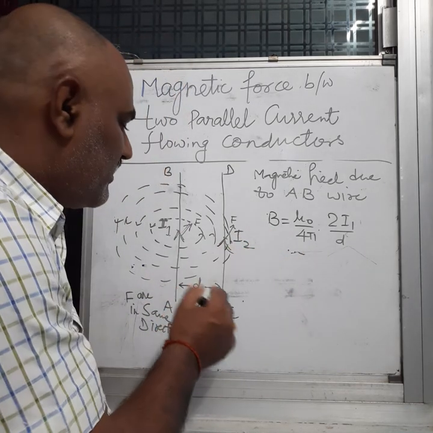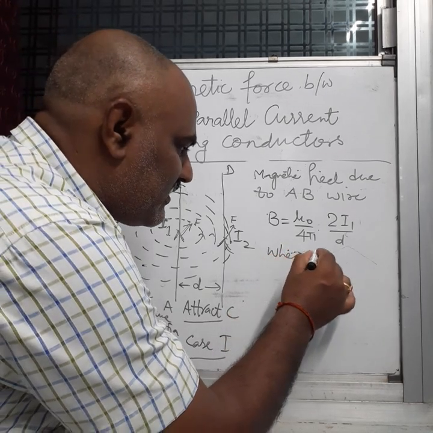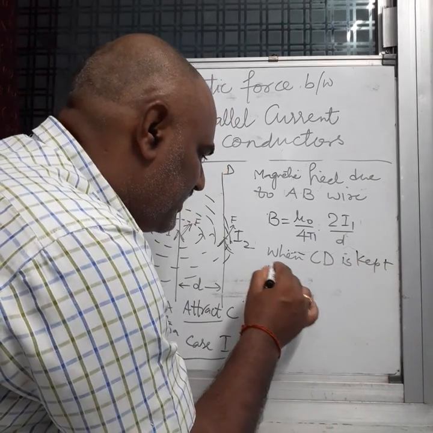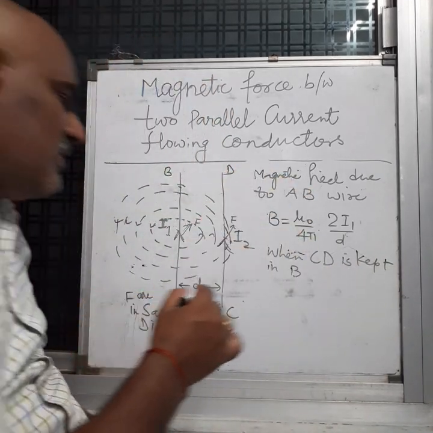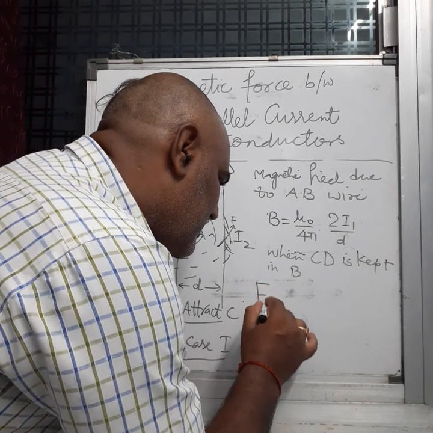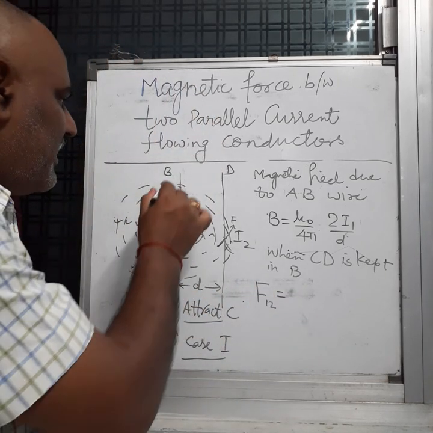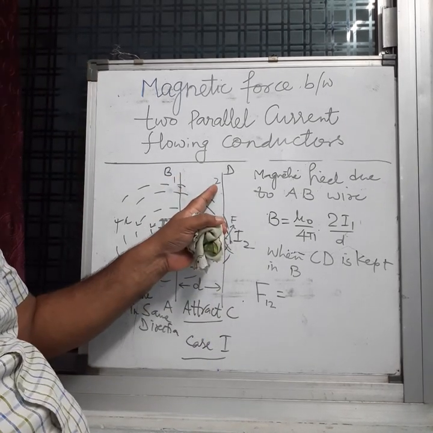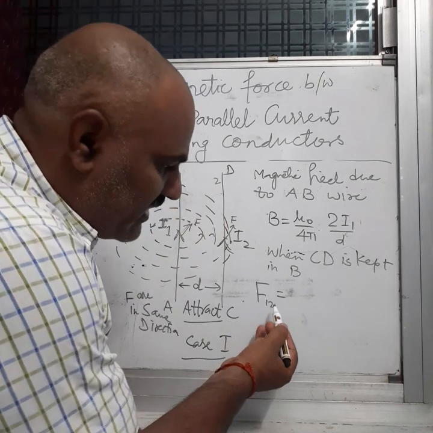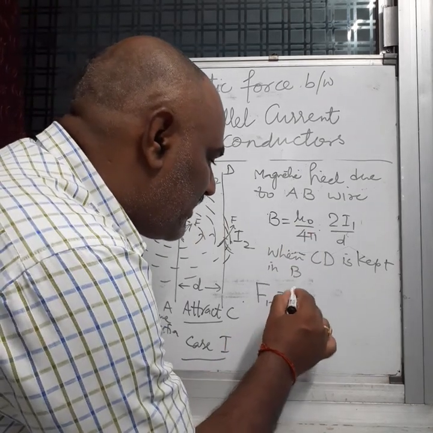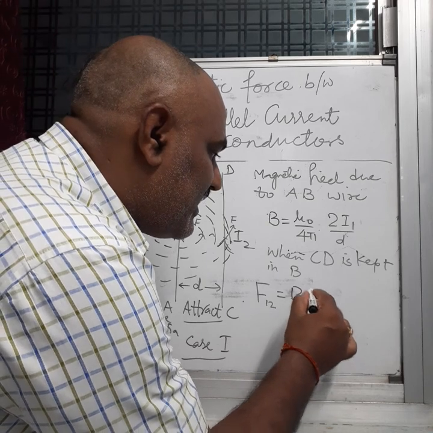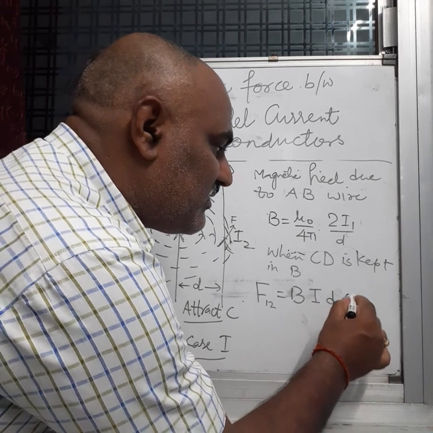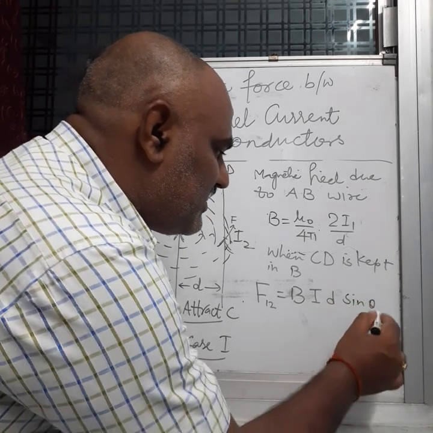Now when CD is kept in B, जब CD को इस B में रखोगे तो क्या फोर्स होगा? F12 माने पहले के कारण से दूसरे में जो मैग्नेटिक फोर्स प्रोड्यूस हो रहा है, F12 इक्वल टू क्या फार्मूला आपको बताया है? BIL sin theta. What is theta here? Theta is 90.